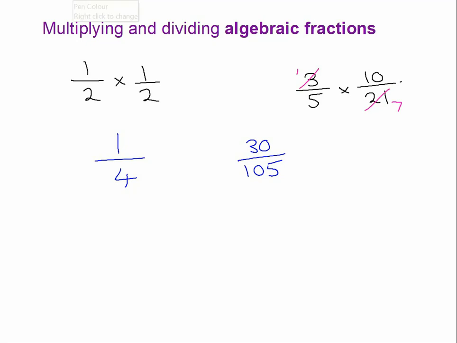Now, the 5 and the 10, they're both in the 5 times table. So if I divide both by 5, I get 1 and 2. The numbers are far simpler. 1 times 2 is 2, 1 times 7 is 7. So these two are equivalent. But it's much easier to cancel at the start than it would be at the end.